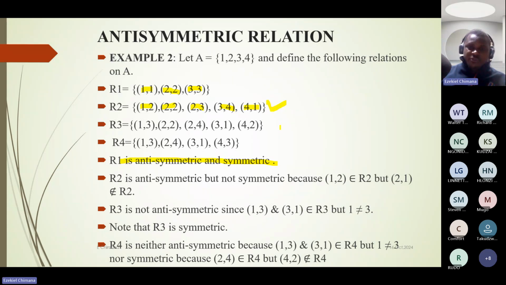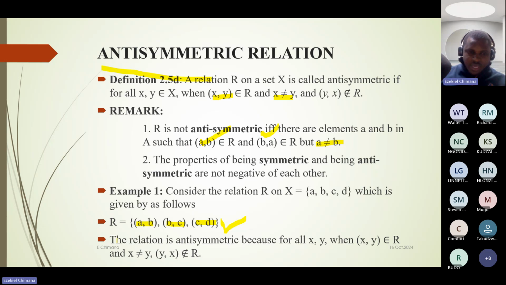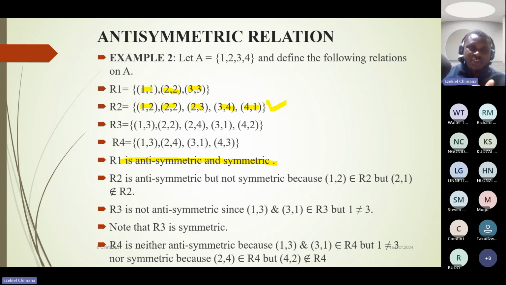So maybe to clear confusion, you need to take note of x not equal to y to qualify a relation, whenever x is not equal to y. So you're neglecting the case where x is equal to y. That's why whenever x is equal to y, like (1, 1), we ignore the scenario that we must not have a loop back. For (1, 1), it's just a self loop.